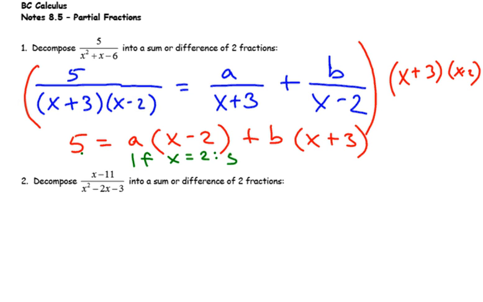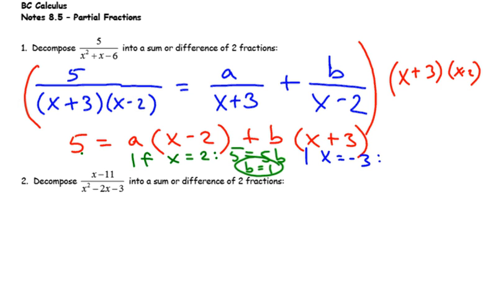So I would get 5 equals, now this A term is going to completely cancel out if I plug in 2 for x. So then if I plug in 2 for this x, you get 2 plus 3 is 5B, and therefore B would equal 1. Okay, so then you would do the same thing for the B in order to solve for the A. So now over here for the B, I'm going to make my x be equal to negative 3.